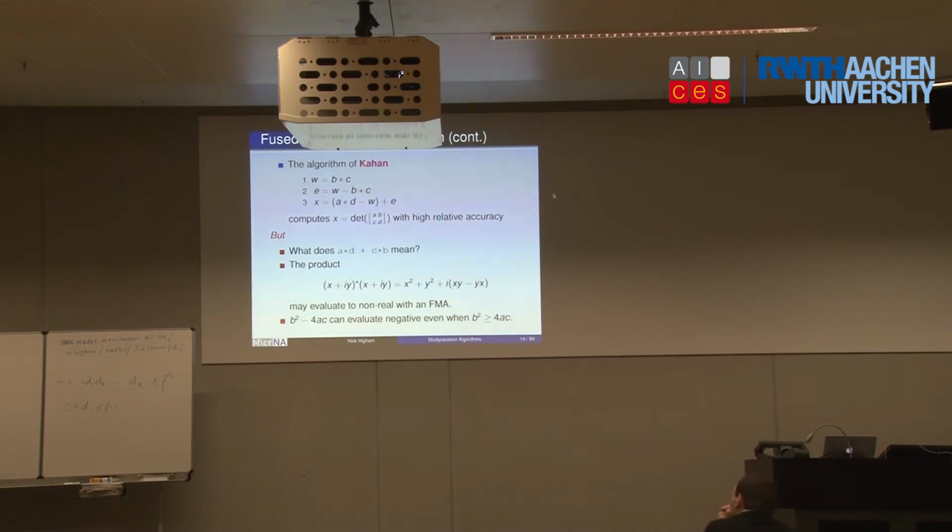Okay, so it's a bit weird, but there is a whole line of research based on this approach of representing the error in an operation and then adding it back in later. In the area of verified numerical computation, they do this quite a lot. And so that can be proved to give a highly accurate value for the determinant, as long as you use an FMA on line 2 and line 3.